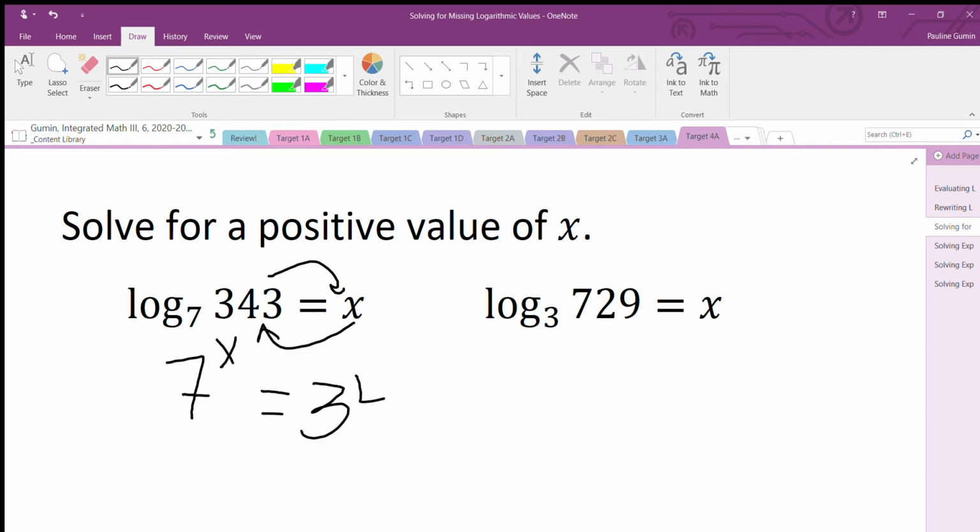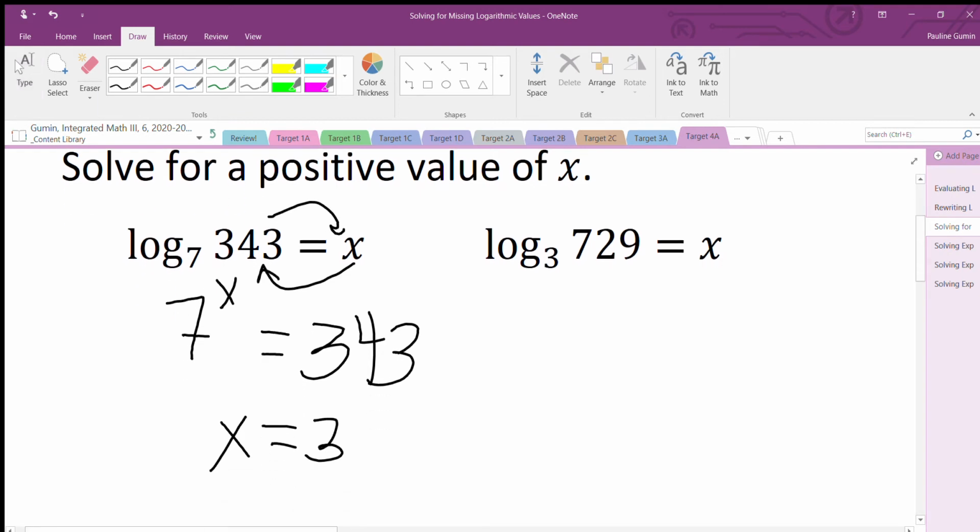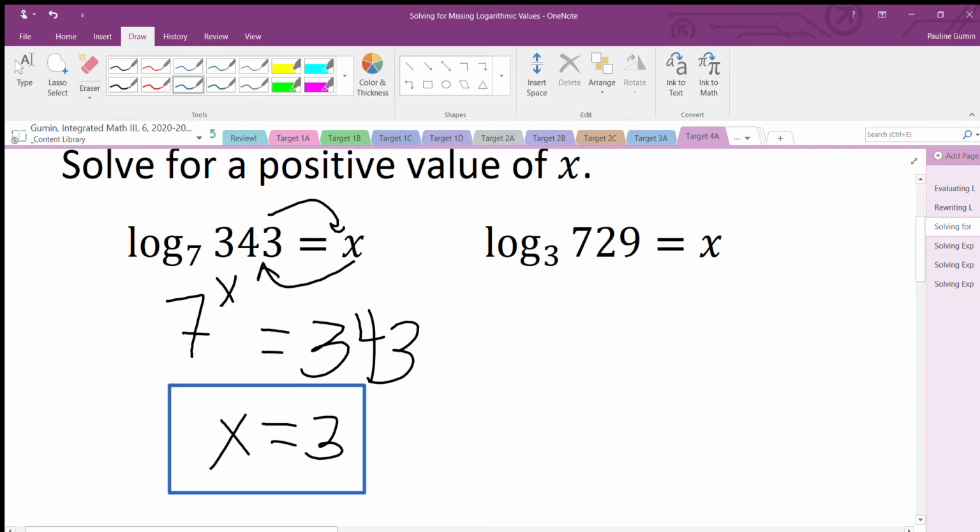And you say, well, 7 to what power gives me 343, and I happen to know 7 cubed is 343. Again, you still can input log base 7 of 343 into a calculator. I'm going to attach a link to a great logarithm calculator in this video, just in case you'd need it.